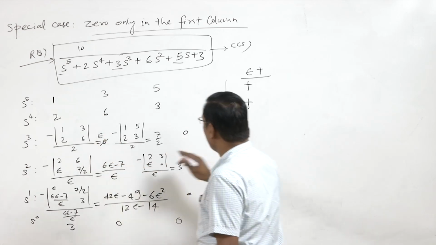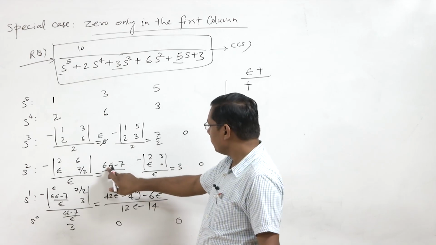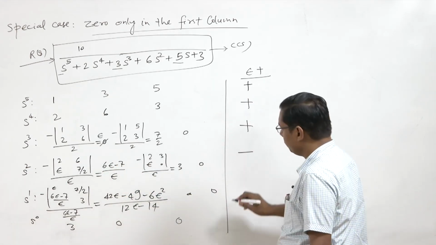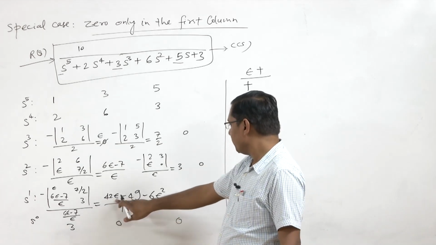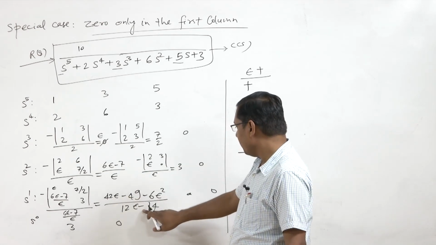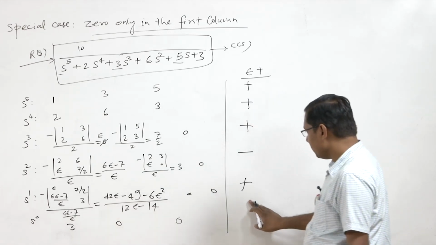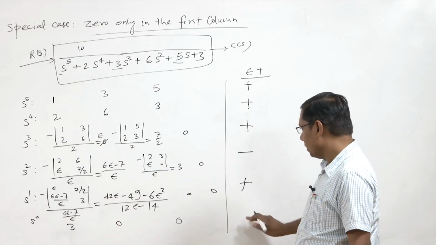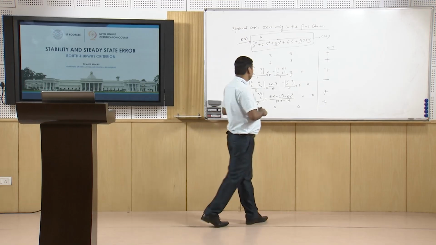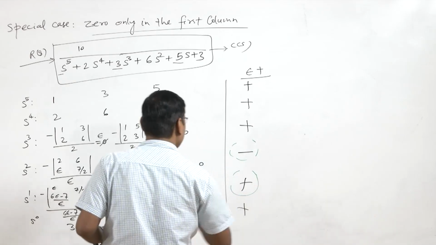Here if epsilon is positive, it is plus, of course a small quantity, and this is positive, and this is minus 7, so minus negative is positive. Minus 49 by minus 14 is positive, and this is positive. So we see that there is one sign change here and then another sign change, so two sign changes.